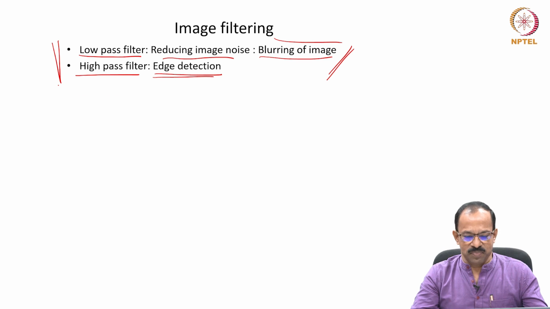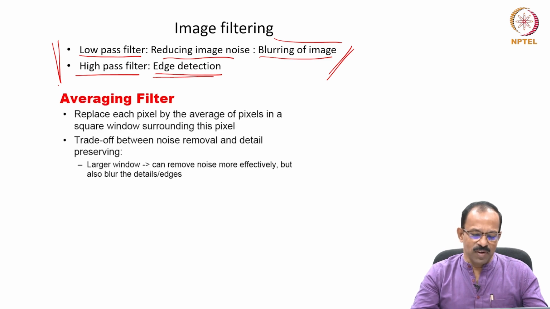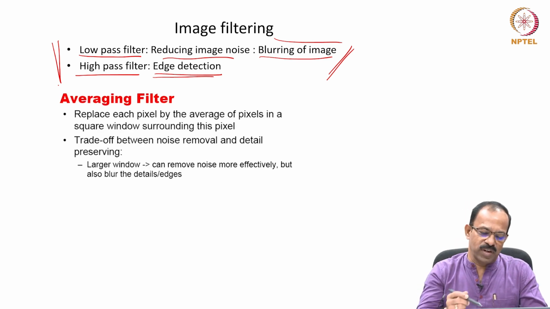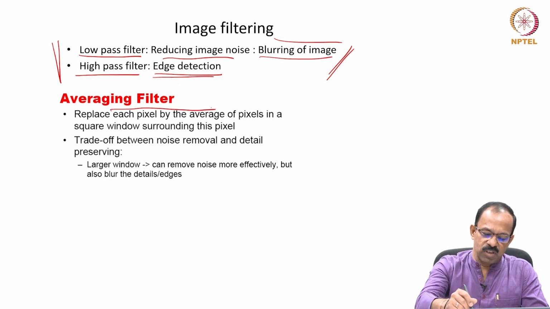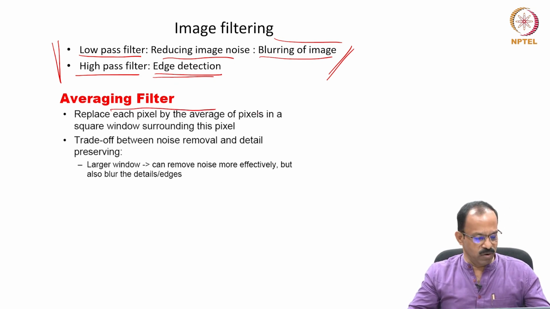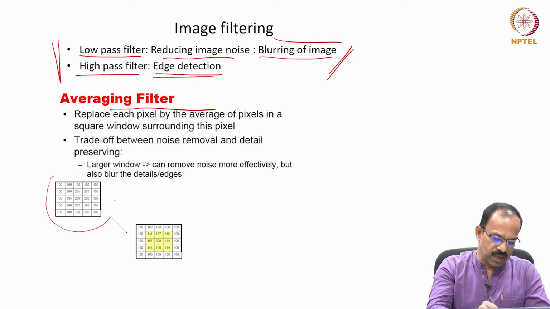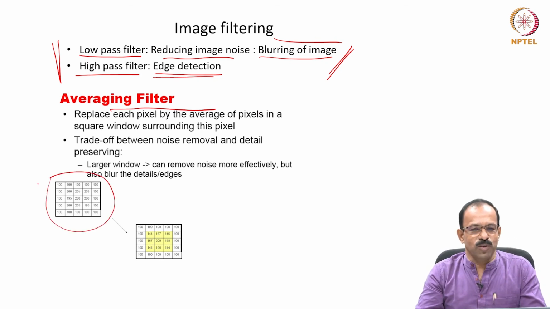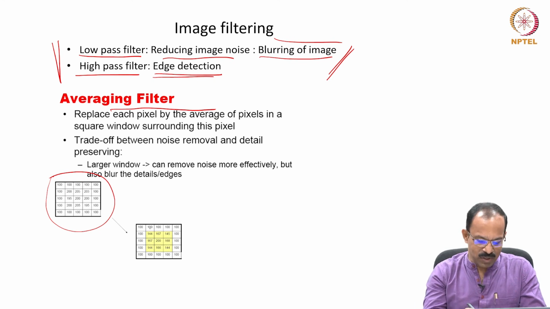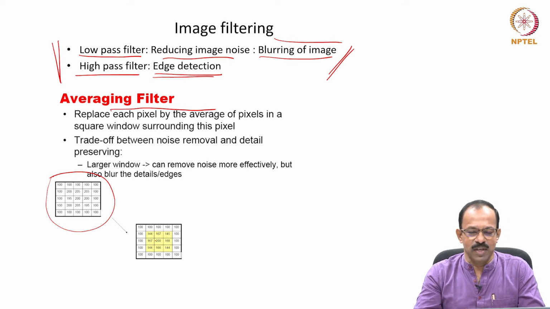collect the information. In the low pass filter, we do an averaging filter. Replace each pixel by the average of pixels in a square window, as you can see here. Suppose every pixel has some value. We take the average of the nearby pixels and then put everything as a common value for the pixel.